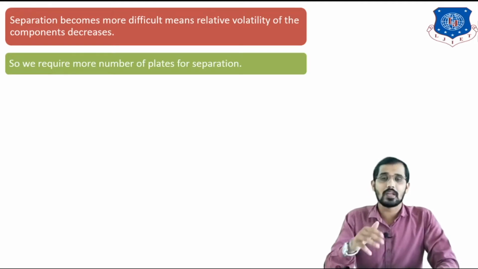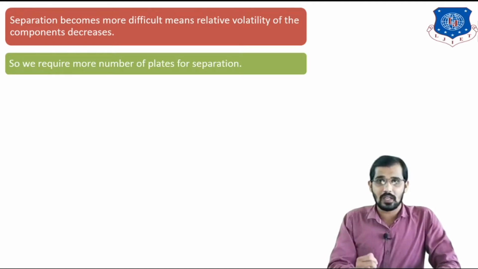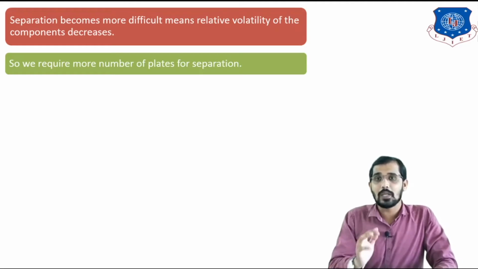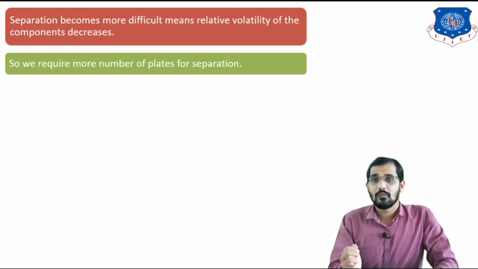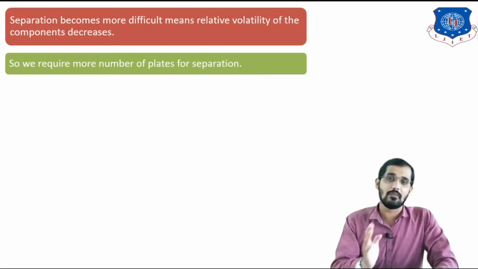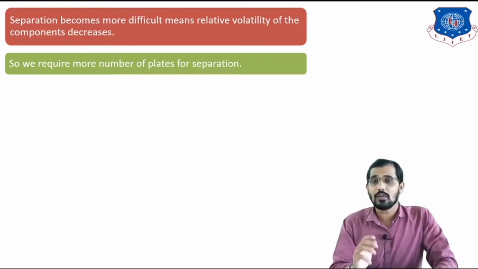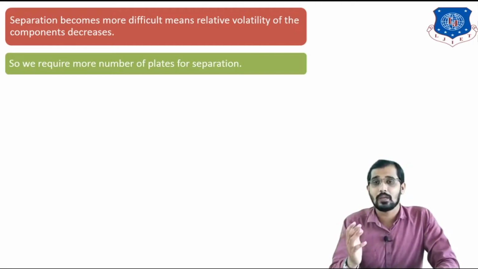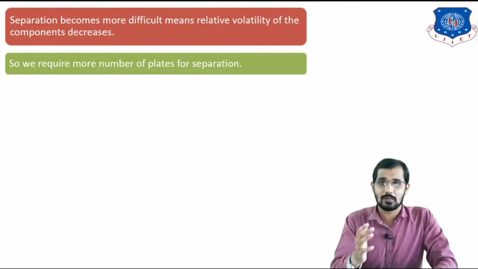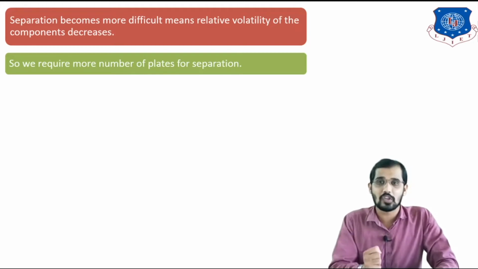Suppose we require a large number of trays, but this can be prevented by using a vacuum distillation unit. We know the atmospheric distillation unit and the vacuum distillation unit. Whatever we are separating in an atmospheric distillation unit, we separate at the minimum temperature.